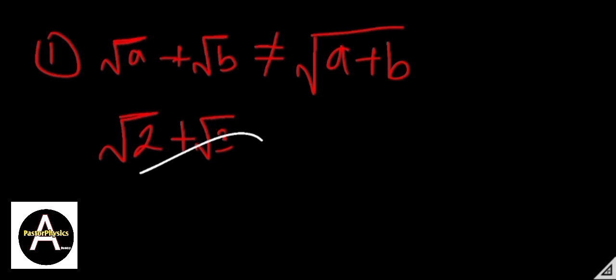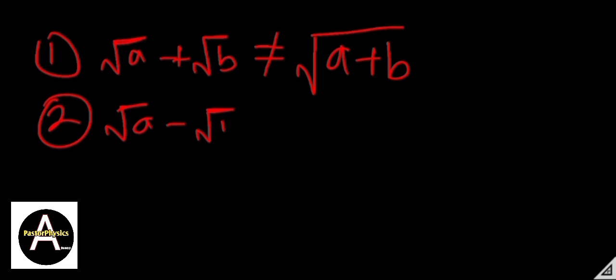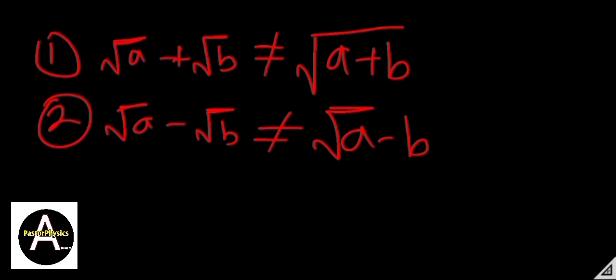Alright, so let's go to our next rule in SURD. The next rule is number 2. Root a minus root b is also not equal to root of a minus b.